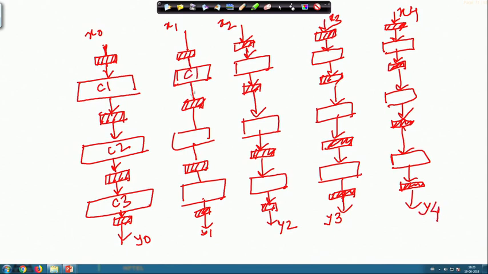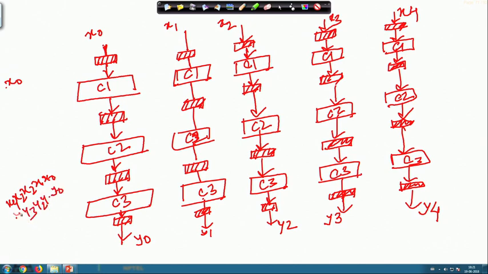And all are, this is C1, this is C2, this is C3, and again C1, C2, C3, C1, C2, C3. And what I said, my data is coming like this: x0, x1, x2, x3, x4, and I need the output to come like this: y0, y1, y2, y3, y4.